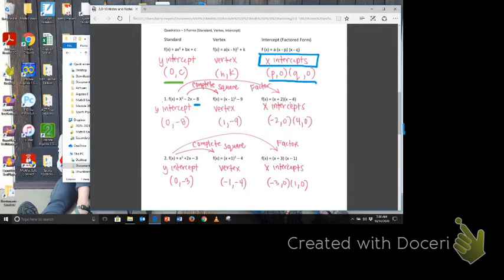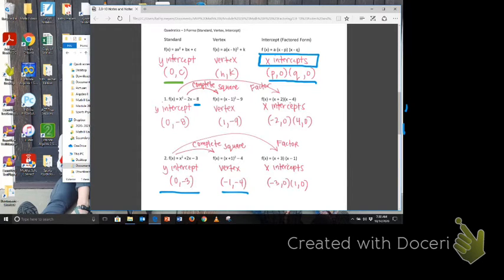So then, if you're down here at this other problem, number 2, you got the y-intercept at negative 3, and you always put x is 0, y is negative 3. You have the vertex at, if it's x plus 1, so it's opposite, negative 1, negative 4.